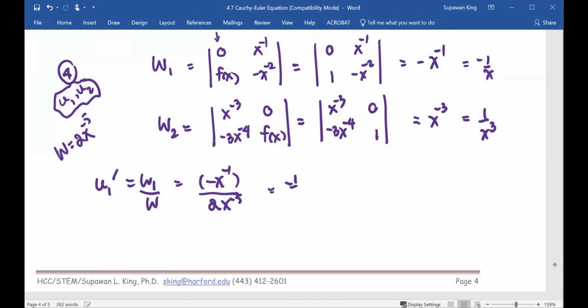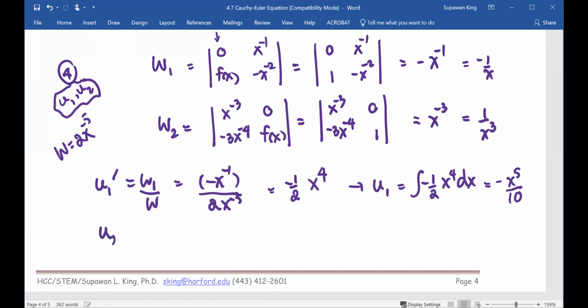So we have negative 1 over 2, and adjust the power to be x to the power 4. Then the U1 is the antiderivative of negative 1/2 x to the fourth with respect to x, and we get negative x to the fifth over 10.